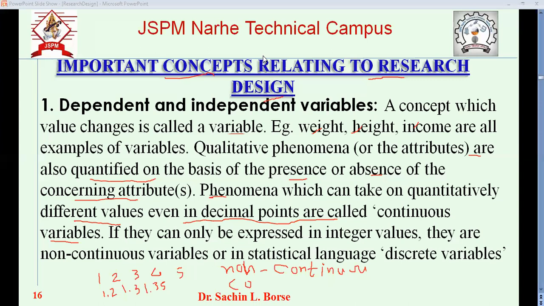Excuse me, sir. Can we term the value of pi as a continuous variable or no? It is not continuous, it's a fixed value, a single value.